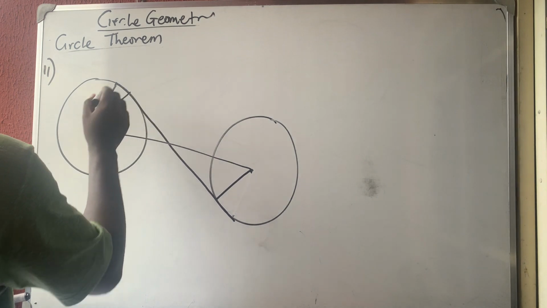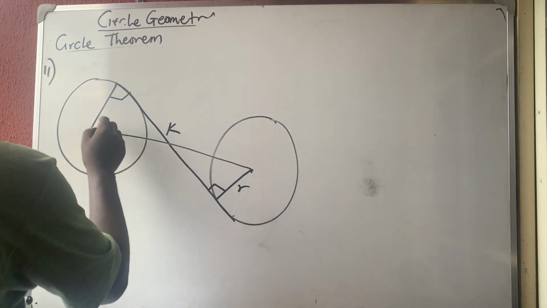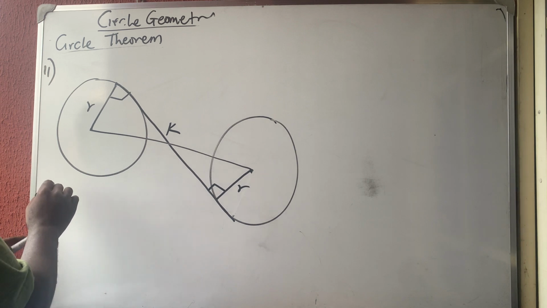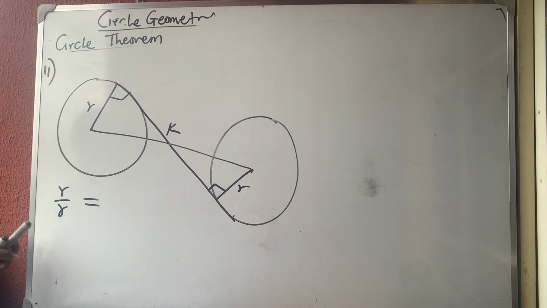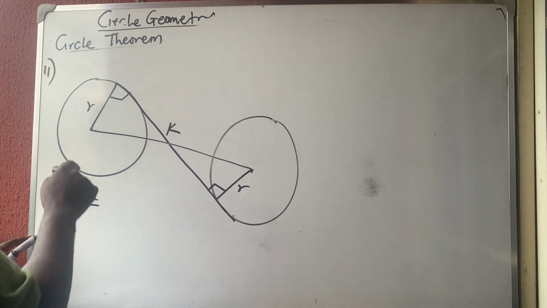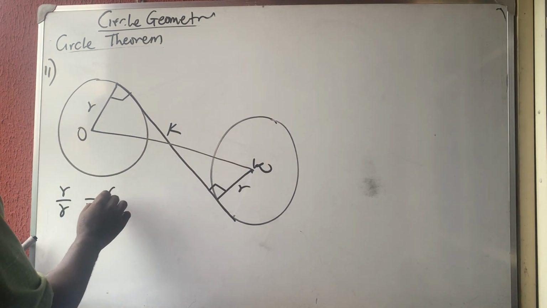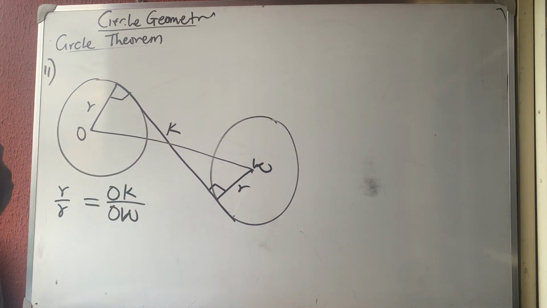Don't forget that this one met at 90, this one met at 90, and their point of intersection is K. Then here is R and here is R, the radius. So this one is saying that R over R is equal to OQ over QW, is equal to OQ over OW. This is O and here is W. So that is that.